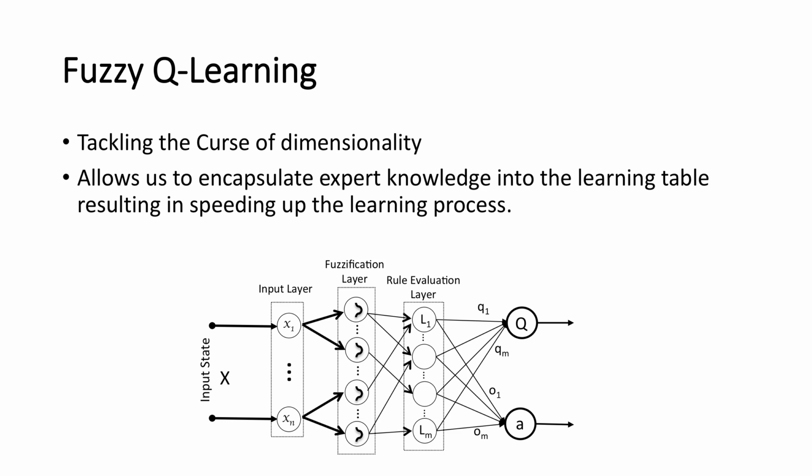In fuzzy Q learning, the decision-making part is represented by a fuzzy inference system that considers continuous large discrete states as input. The idea of the fuzzy Q learning algorithm is to use a compact version of the Q table to represent learning knowledge.